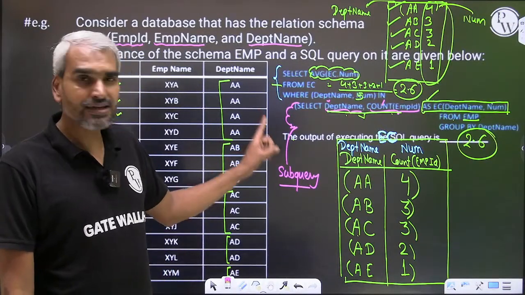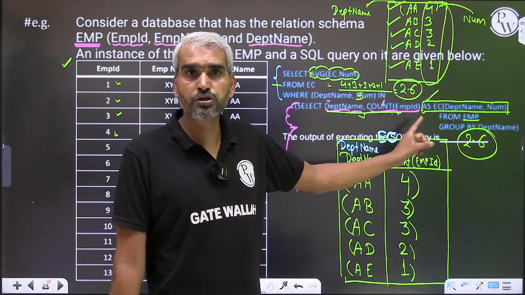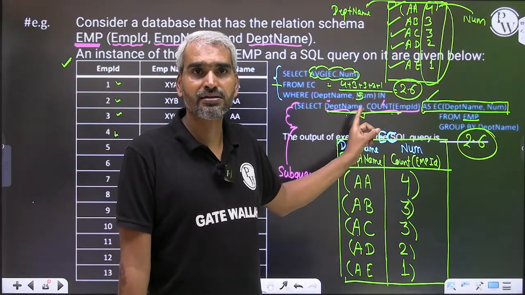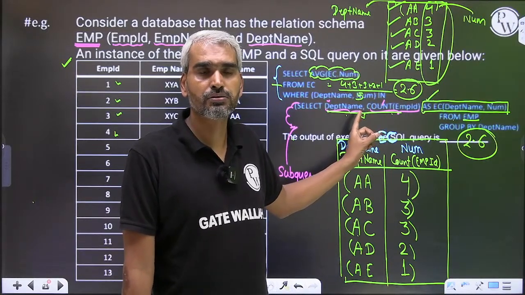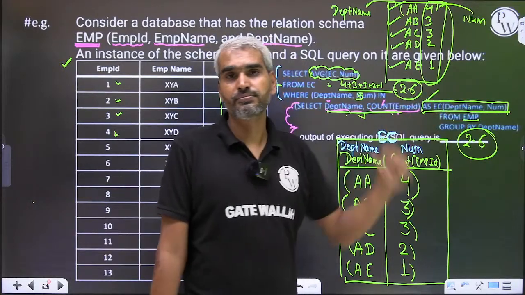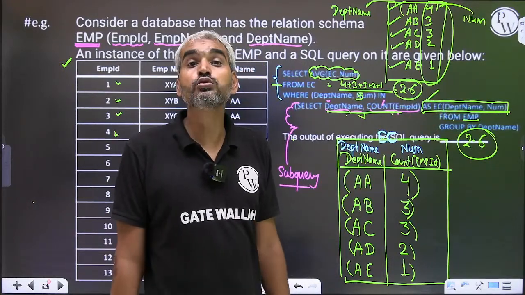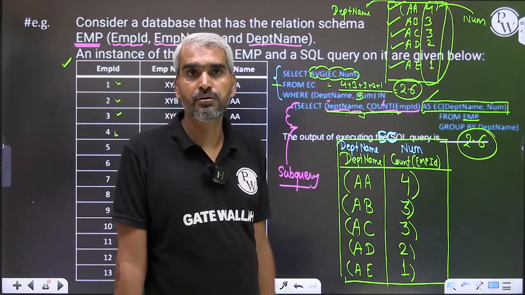I have given one example in which the as clause can be used to provide a name to the output of a subquery. As is used to rename. As is used to provide a name to this output.